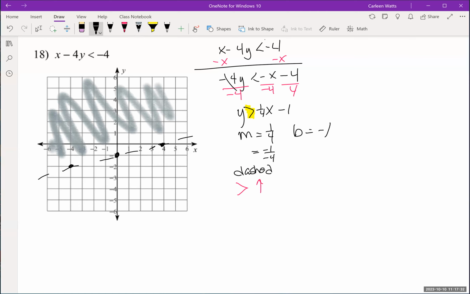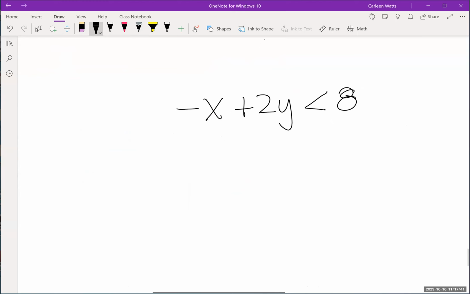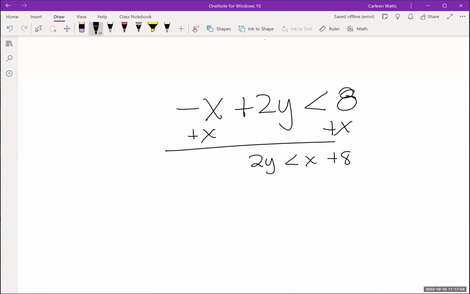So if it was this, just what if, I made up this number. If I notice the X is negative, the Y is positive, I would add X. What am I dividing by this time? Positive 2. When I divide by 2, does it change the sign?